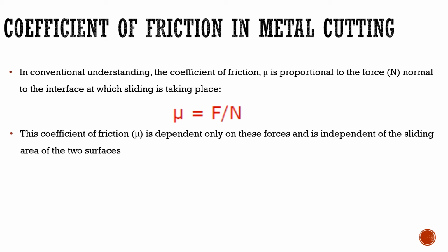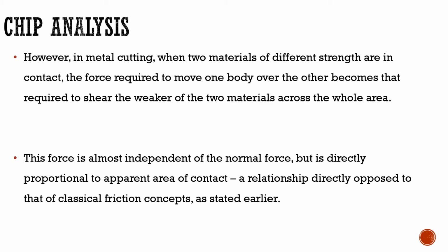And these coefficients of friction are dependent only on these forces and are independent of the sliding area of the two surfaces under loading conditions used in engineering sliding mechanisms. The real contact area is very small, often less than 1/100th of the apparent area of the sliding surfaces.